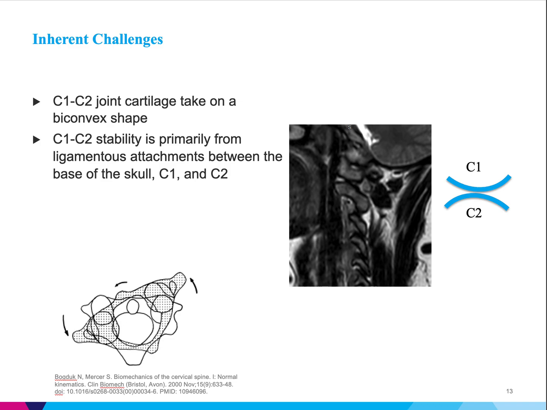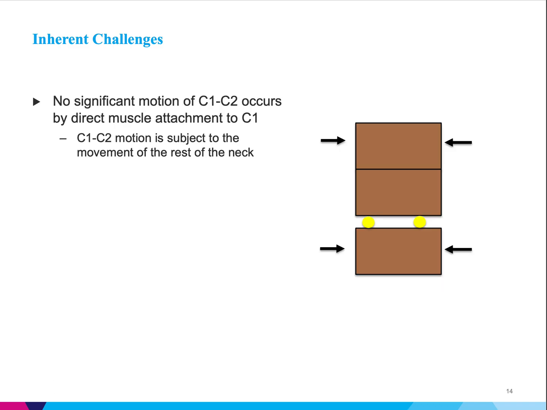And if we examine the motion even further, very unique to C1, we see that there's no significant motion at C1-C2 that occurs by direct muscle attachment to C1. In general, movement at a joint occurs when a muscle that attaches to a bone contracts.